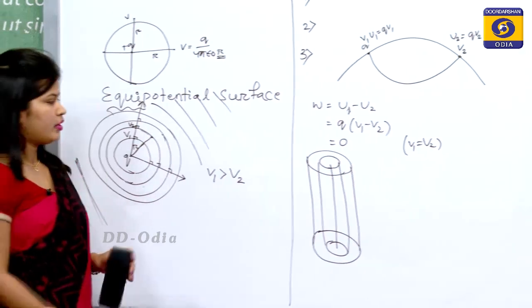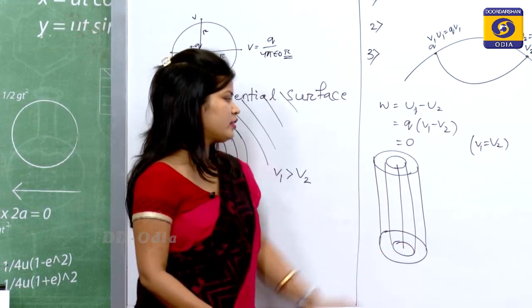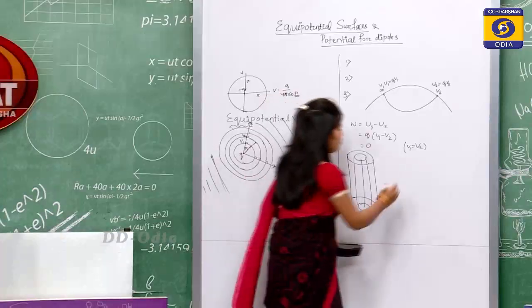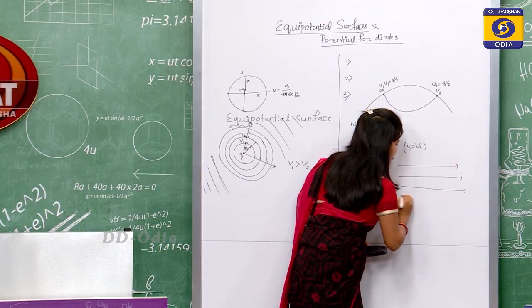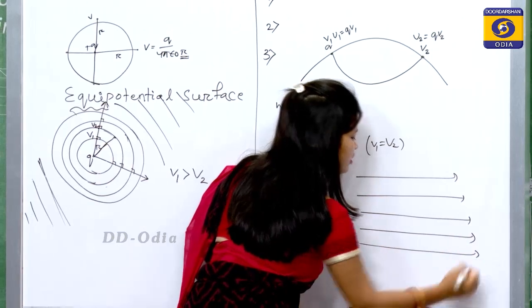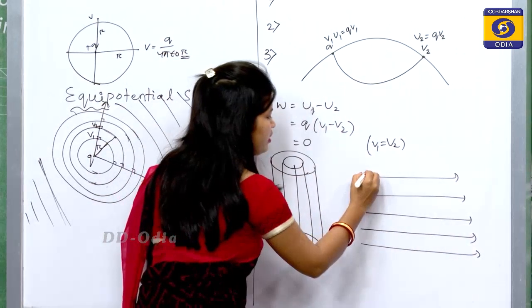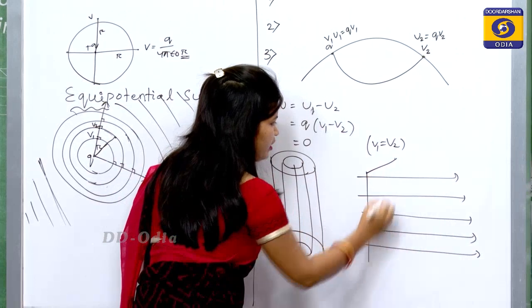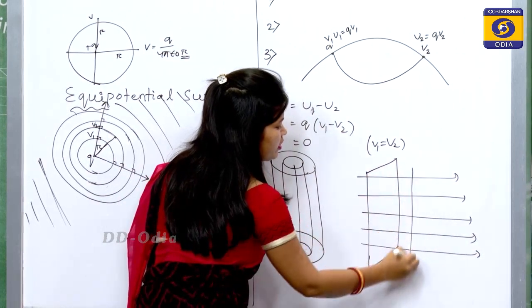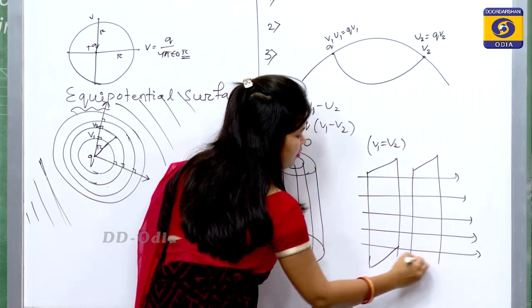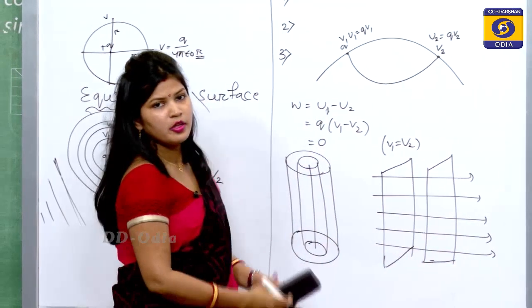Equipotential surfaces are cylindrical surfaces. And suppose you have a plane sheet of charge, that is a uniform electric field, and in this you will find those equipotential surfaces are plane surfaces.